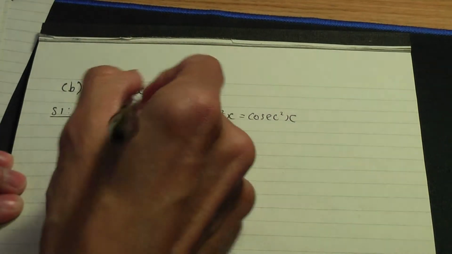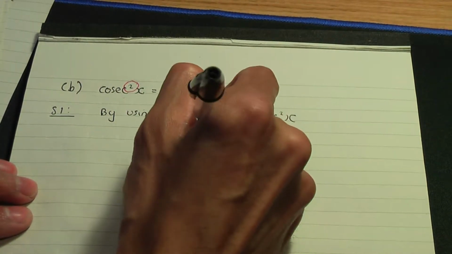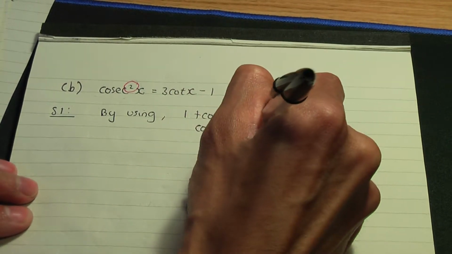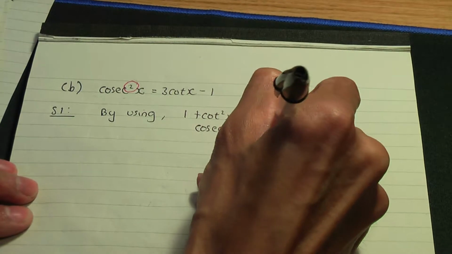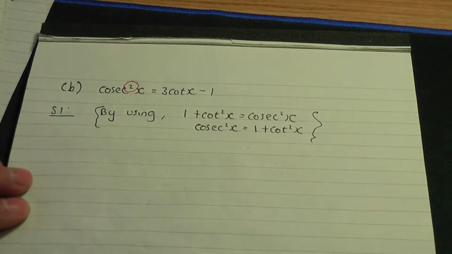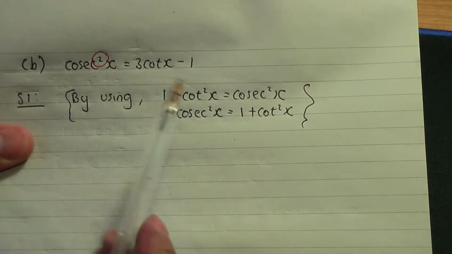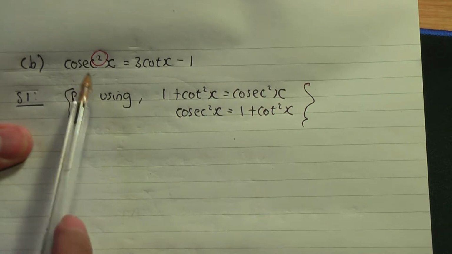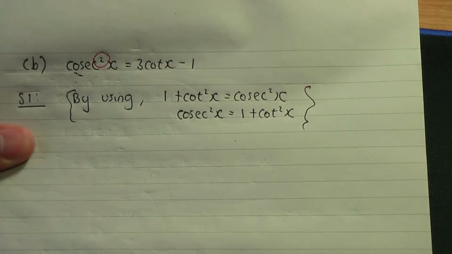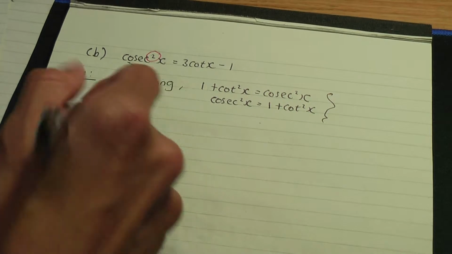I don't need to rearrange because I already have it in the form, but if I swap sides, cosec squared x is 1 plus cot squared x. So cosec squared, I will replace with 1 plus cot squared. That is our step 1, our side calculation using the identity.